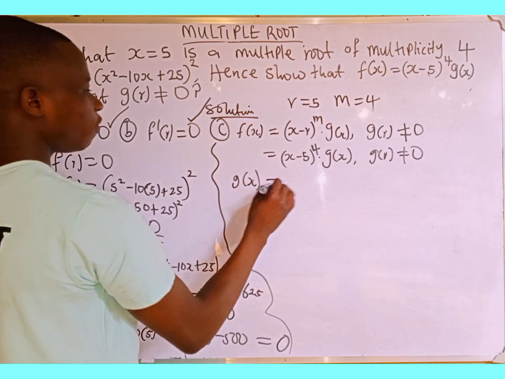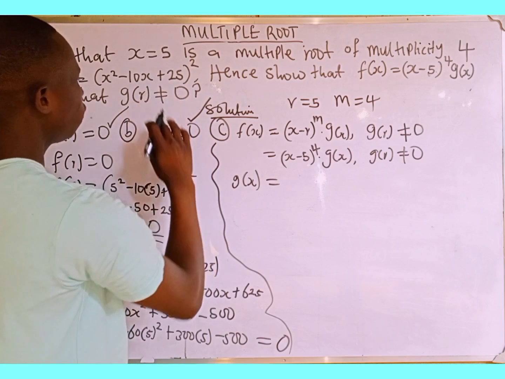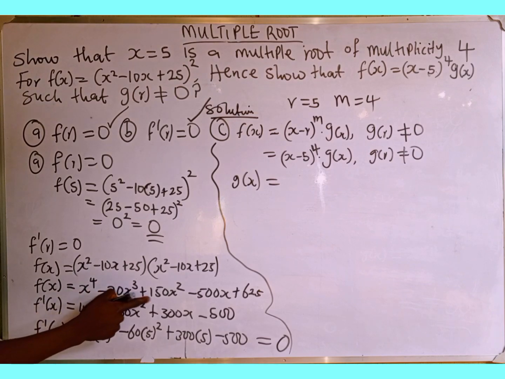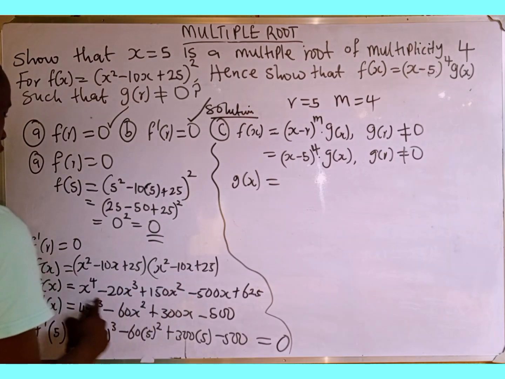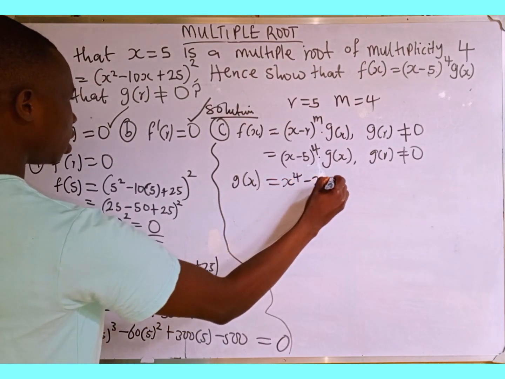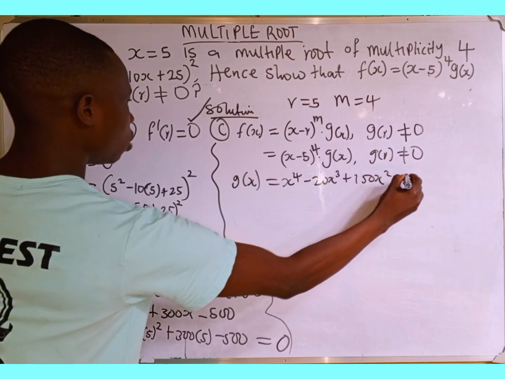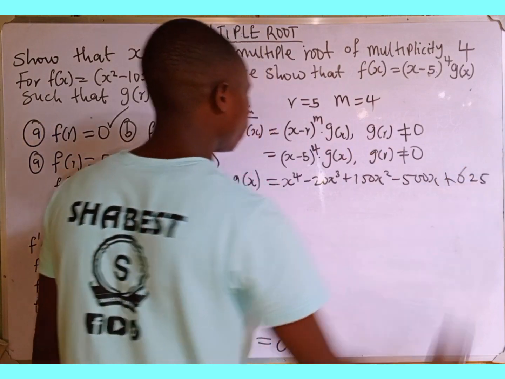g of x is the function divided by x minus 5 to the power of 4. And the function given from the question is the same as x to the power 4 minus 20x cubed plus 150x squared minus 500x plus 625.